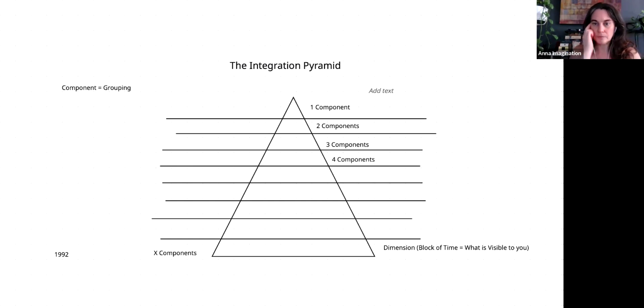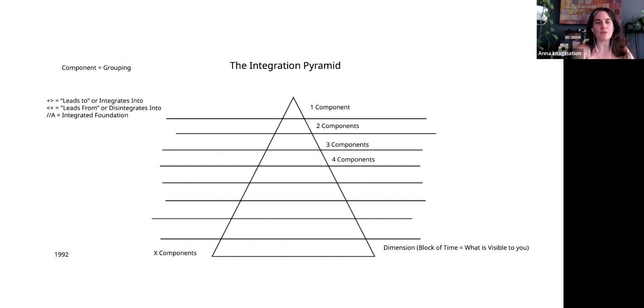All right, those are the three new symbols that are required for integration mathematics to work. You have the symbol leads to or integrates into, and then you have leads from or disintegrates into. Integrates into, disintegrates from. And then you have integrated foundation, which is what I used for the double slash. And then I'm going to put an X here to symbolize the unknown.